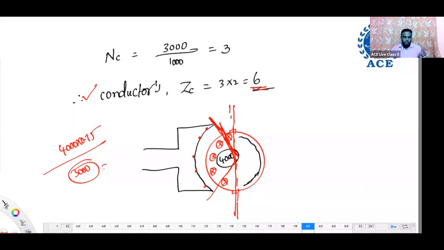Ampere turns of compensating winding 3000. That is number of turns into current. What is the current in the compensating winding? Armature current only. That's why IA. There we get NC and then ZC, the number of conductors. Clear now?